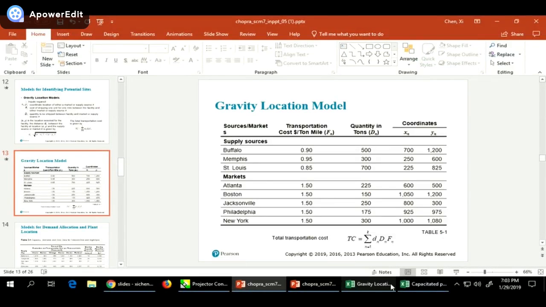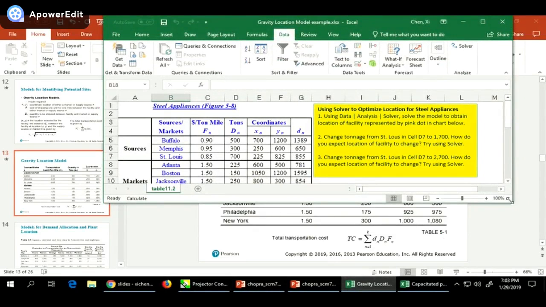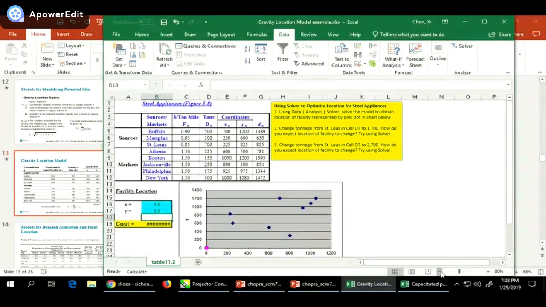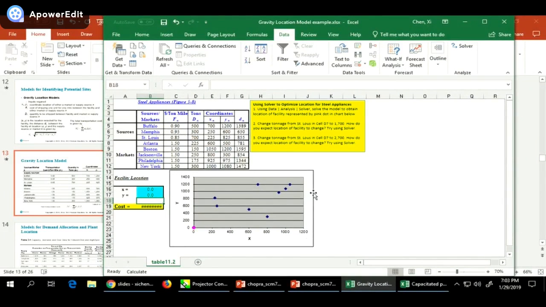So once again, using Excel solver, and we can also do this little nice visual. Here are the inputs I just described, and in these cells, we calculate the distances between the facility and the supplier and demand sources.